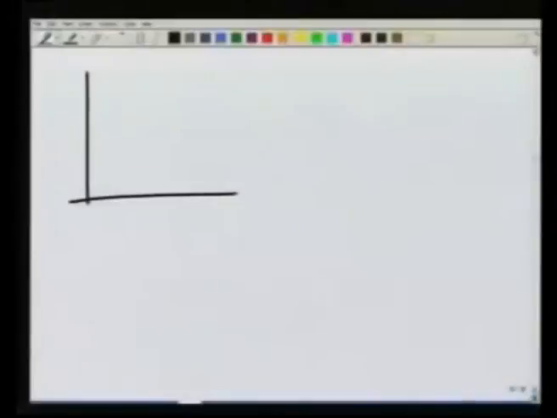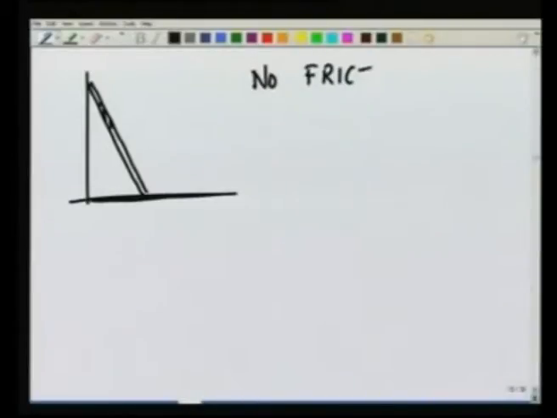As the last example I take a very interesting and very famous one. It is, if I have a ladder leaning against a wall and on the floor here, and suppose there is no friction, then the ladder obviously would start slipping like this.